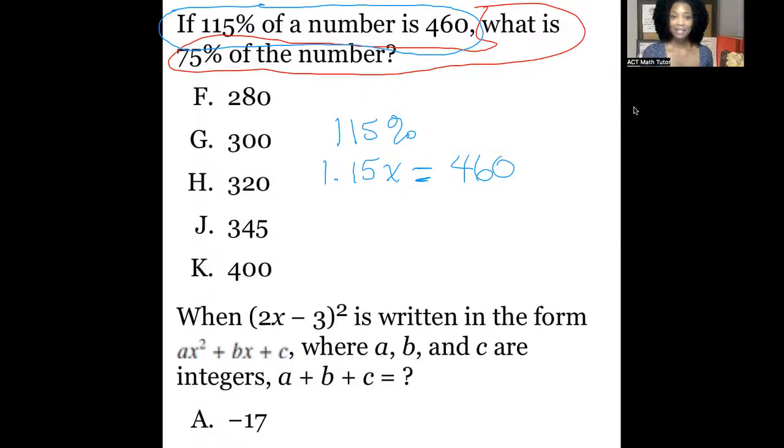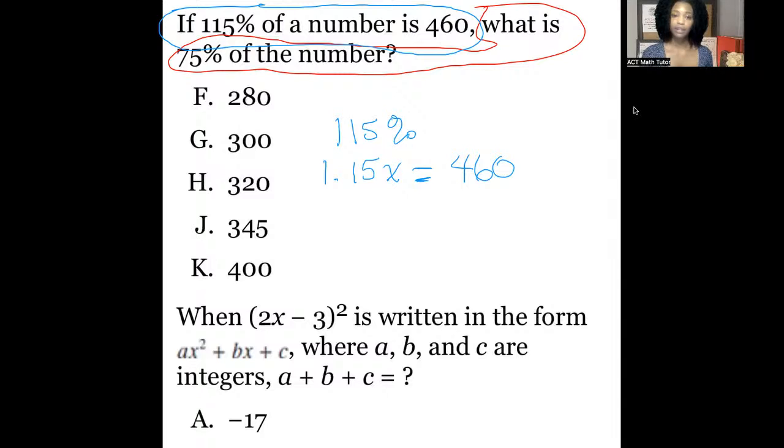This problem is written in English. I needed to translate it into the language of math. So 115%, I turn to 1.15. Of a number means multiplied by an unknown number. That's why I have x is equal and then 460. Okay, so that's how I created the equation.